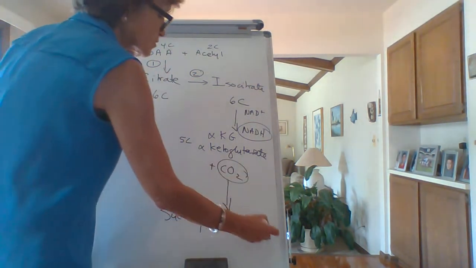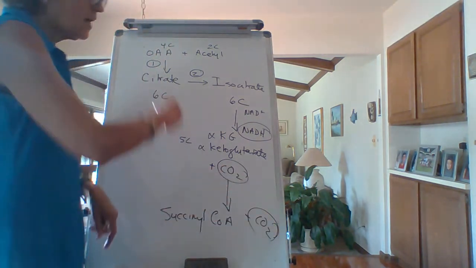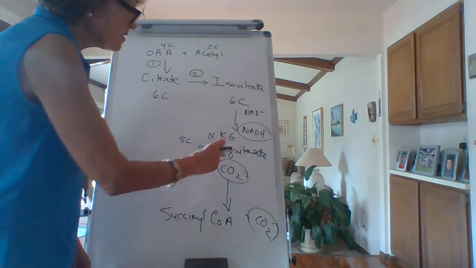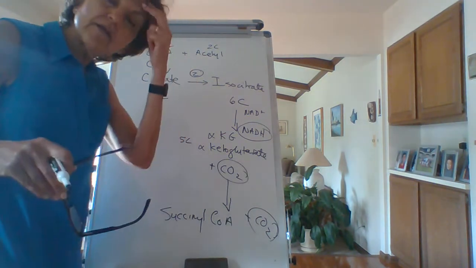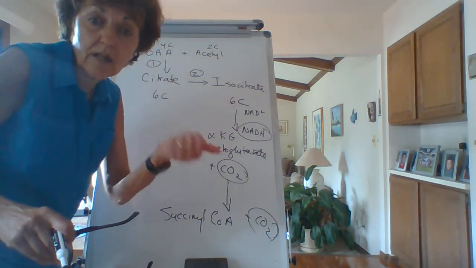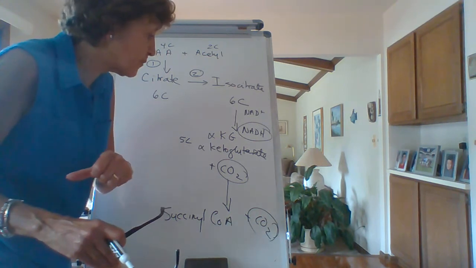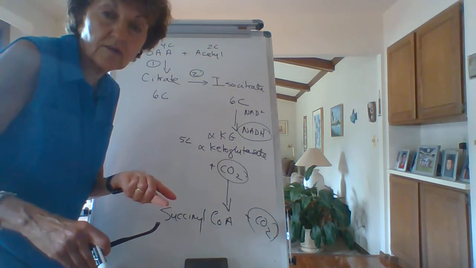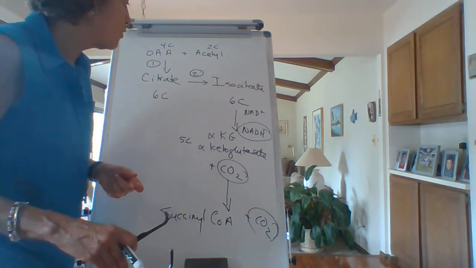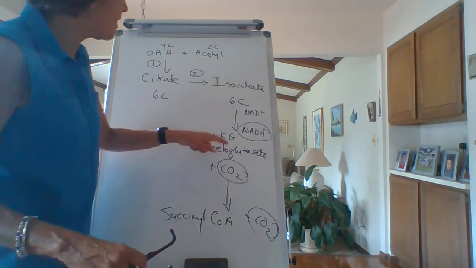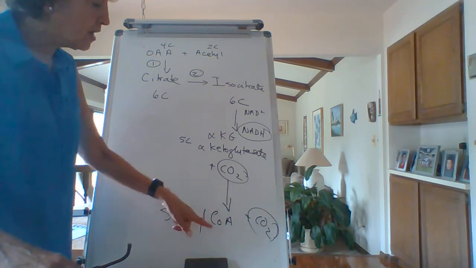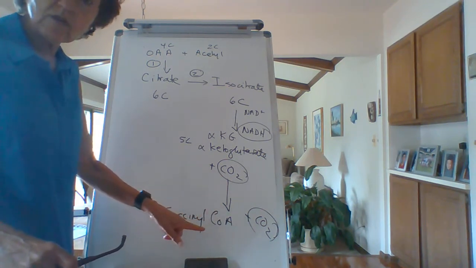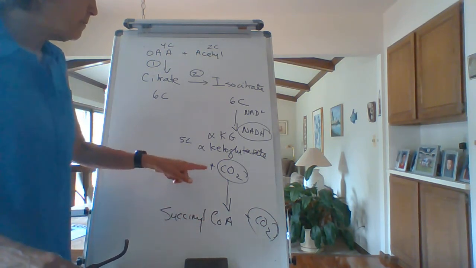So this CO2 and this CO2, if you go through the cycle twice, this is 2 and this is 2, that's 4. We already lost 2 in that transition between glycolysis and the Krebs cycle. So that's the total of the 6 CO2s. You're getting rid of a carbon dioxide in the third enzymatic reaction, and you're also getting rid of another one with the fourth enzymatic reaction.